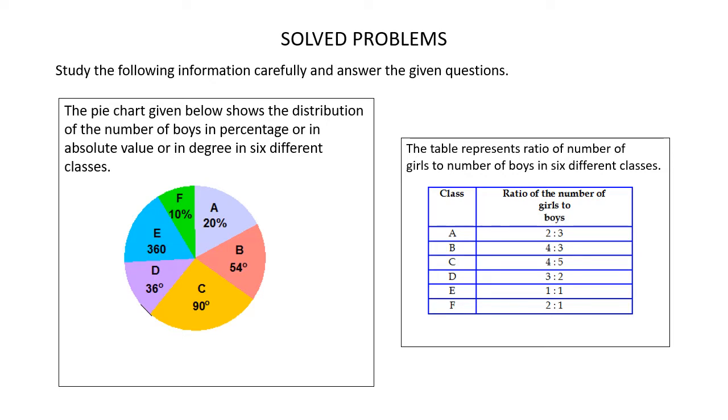Let's move on to the table. It's given that the table represents the ratio of number of girls to number of boys in 6 different classes.